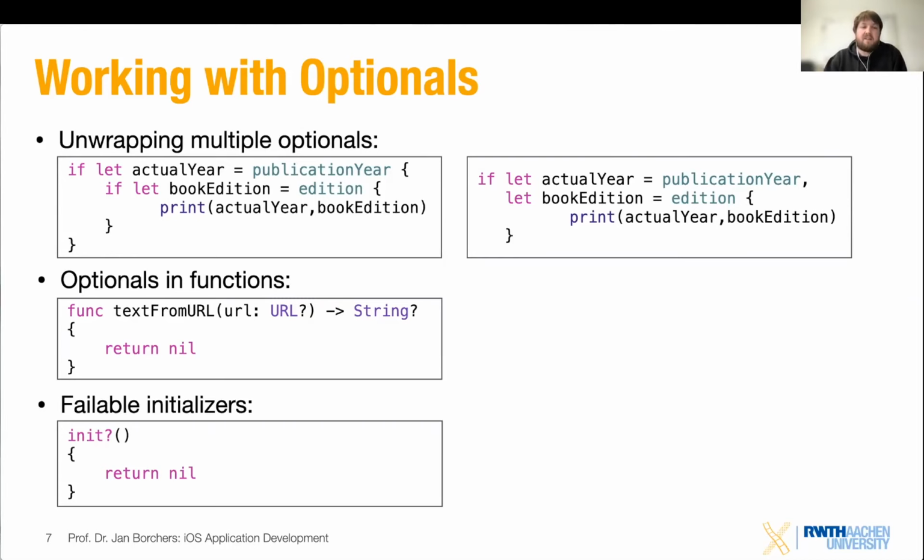And that means this initializer could also fail, that you can try to create an object and it just won't work. And in that case, again, the context where you're trying to create the object needs to be aware that it could also not work, and I need to check whether the construction of the object would actually work.